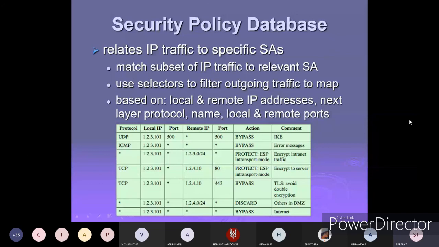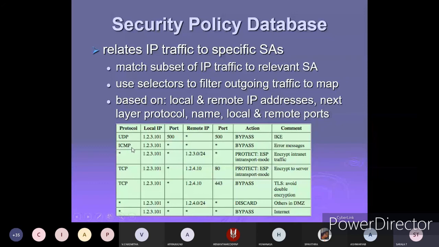Here they have given some examples. If you are going for UDP, a user level protocol, there is the local IP address, the local port is 500, there is no remote IP, and the remote port is 500. The action is bypass, IKE, and the comment is IKE.